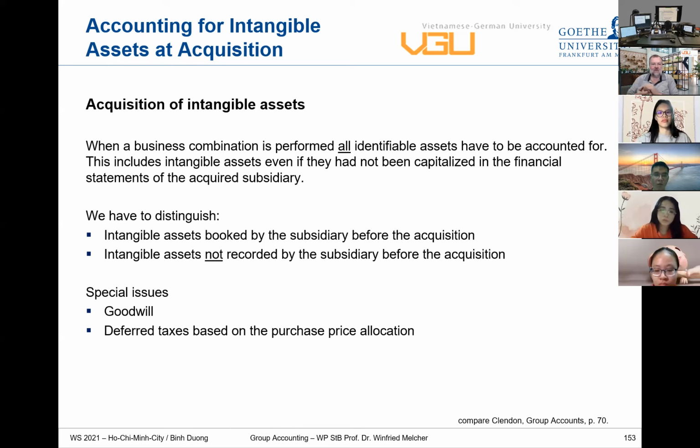So we will change the book value to a fair value. But what about intangible assets that are not recorded by the subsidiary? That is the problem. And you were right, when we forget some identifiable intangible asset, that would increase goodwill.